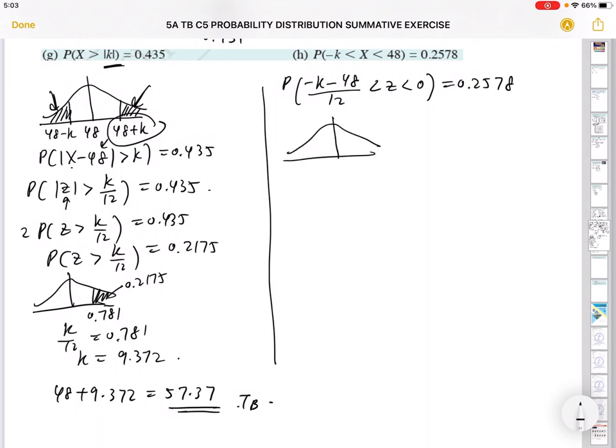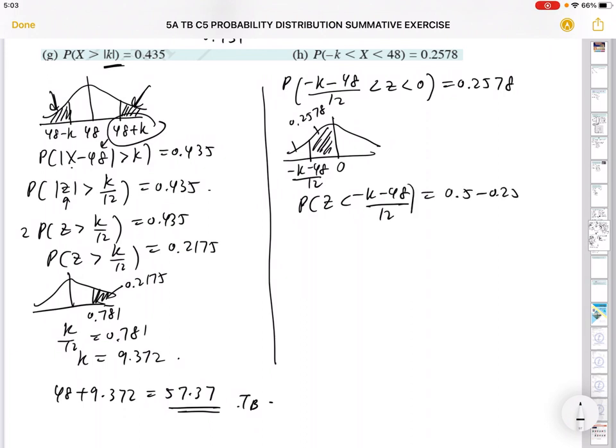And if this area is 0.2578, I know this end I can find, right? P(Z less than negative k minus 48 divided by 12) should be what? 0.5 minus, isn't it? 0.5 minus 0.2578, which is 0.2422.